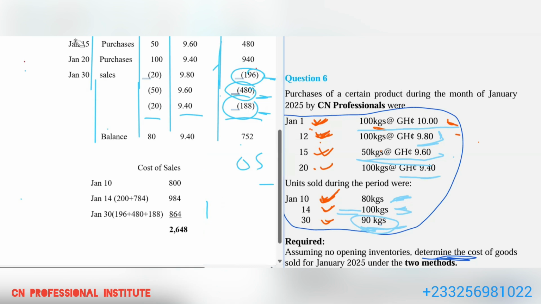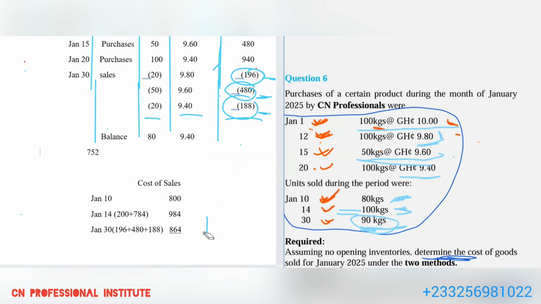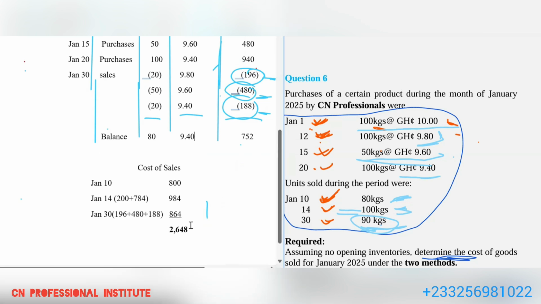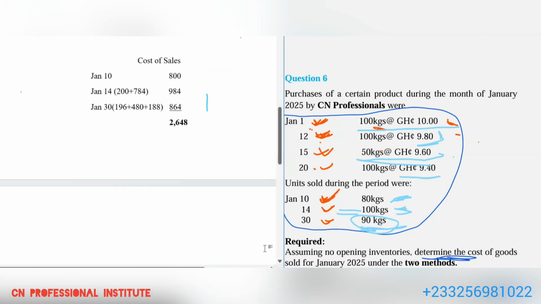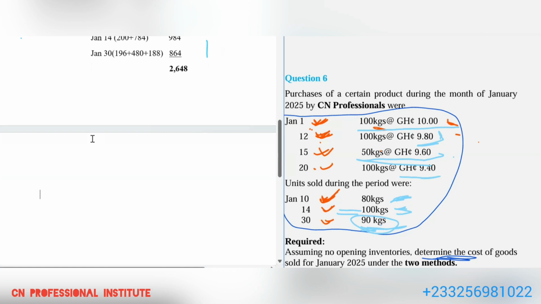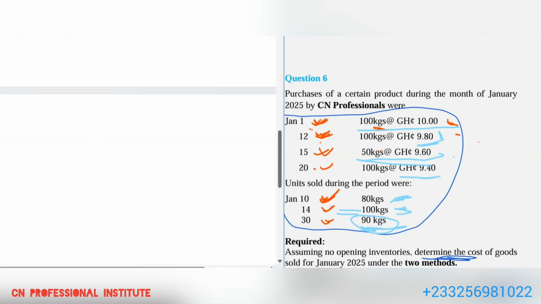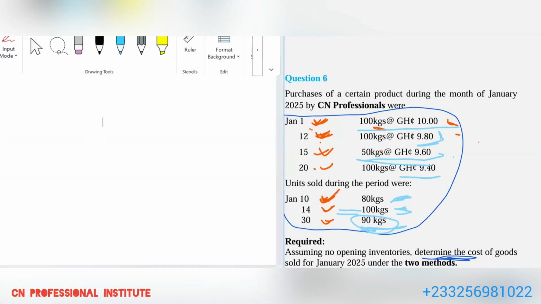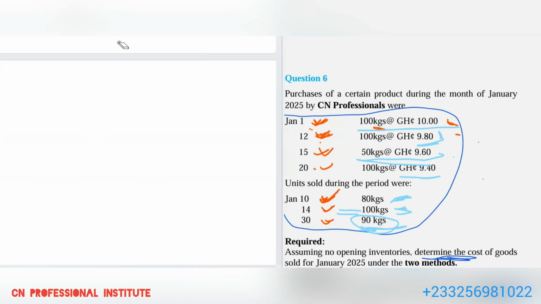Let me wipe this and do it down here so that you see better. So cost of sales: opening stock dash, then we add purchases.